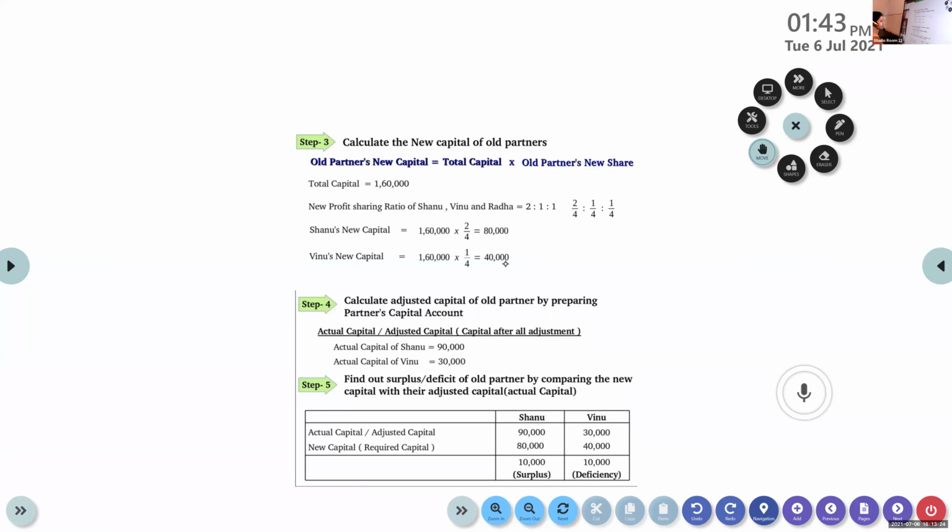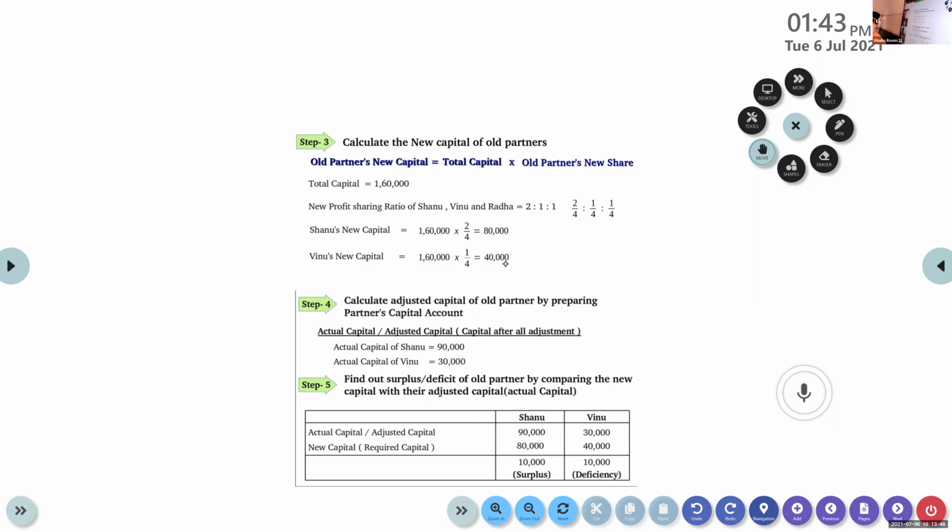So what is the actual contribution of Shanu? Actual contribution is 90,000 and actual contribution of Vinu is 30,000. In the question it is given that after all adjustments, Shanu's capital is 90,000 and Vinu's capital is 30,000.